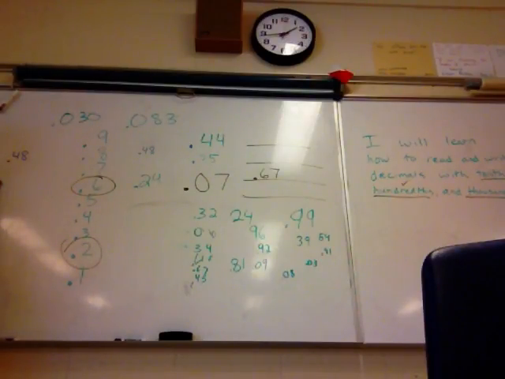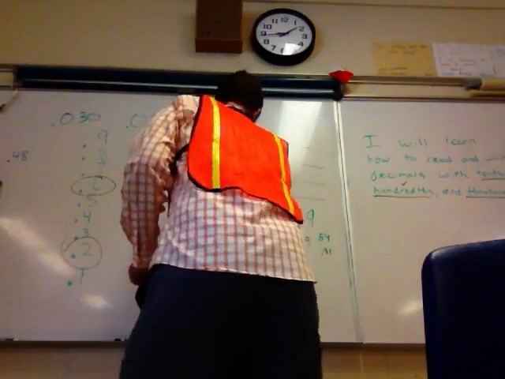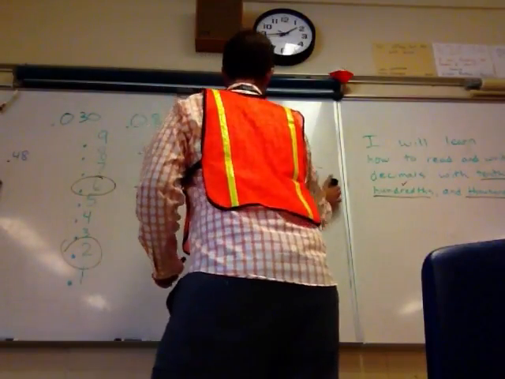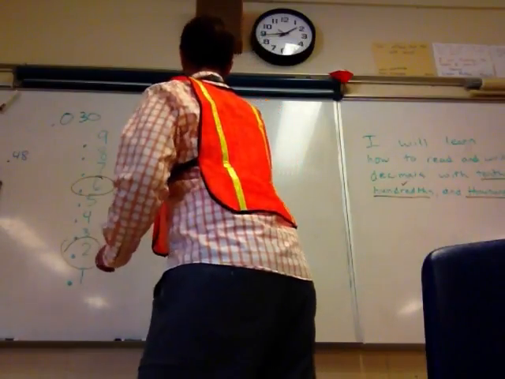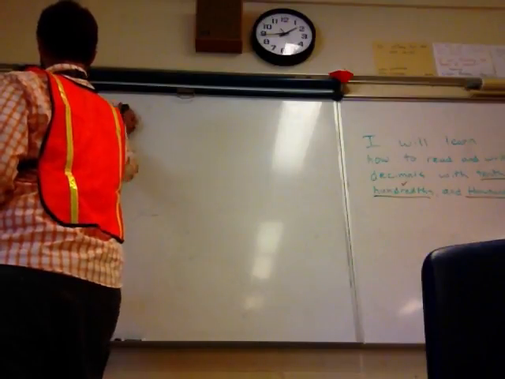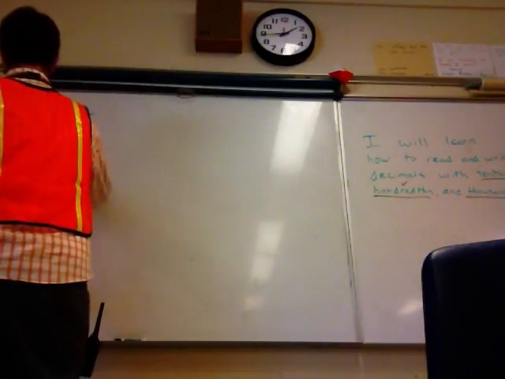Okay? So, I want you on your board to write 275 thousandths. I'll give you a hint. You should have a decimal point somewhere and a 2, 7, and a 5. Where's that decimal point going to go? 275 thousandths. Think about that.